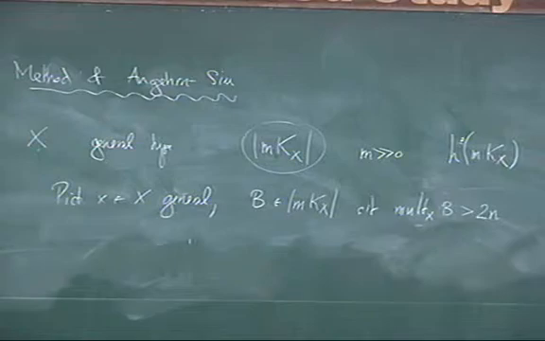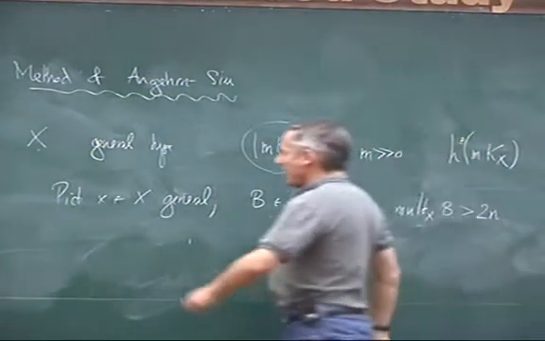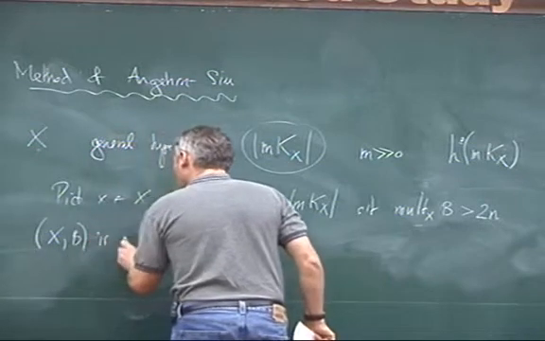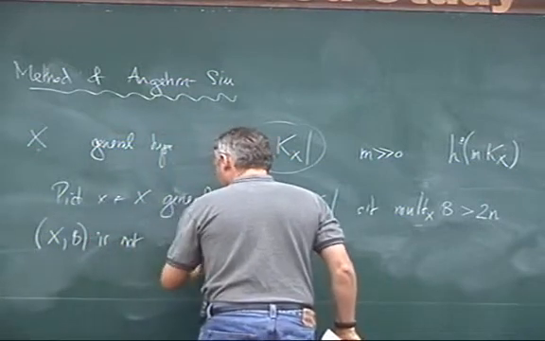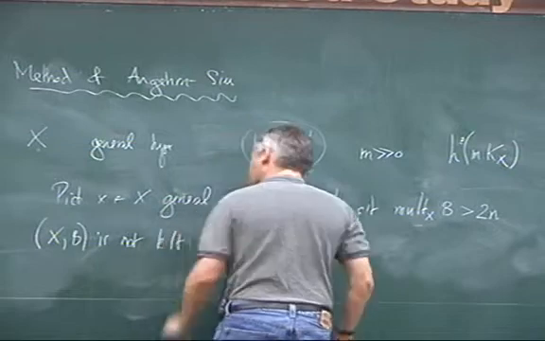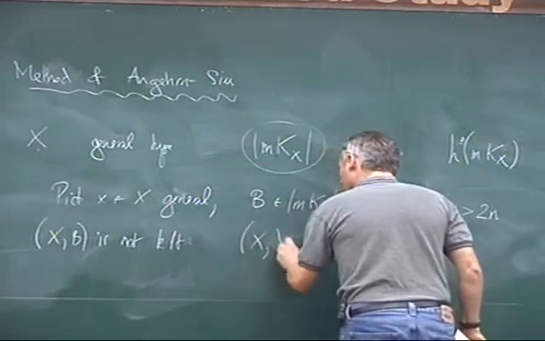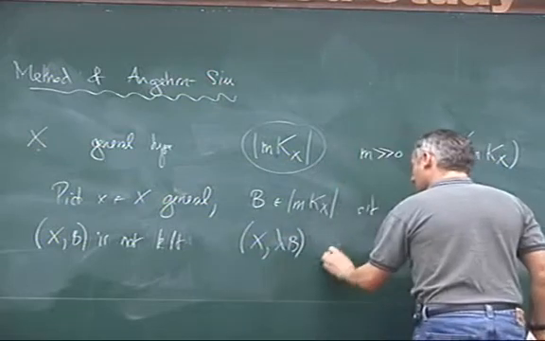And then what that guarantees is that (X, B) is not, well, it's not even log canonical, but certainly not KLT. So then you look at the log canonical threshold. So you go down to the log canonical threshold. So this is lambda, the log canonical threshold.